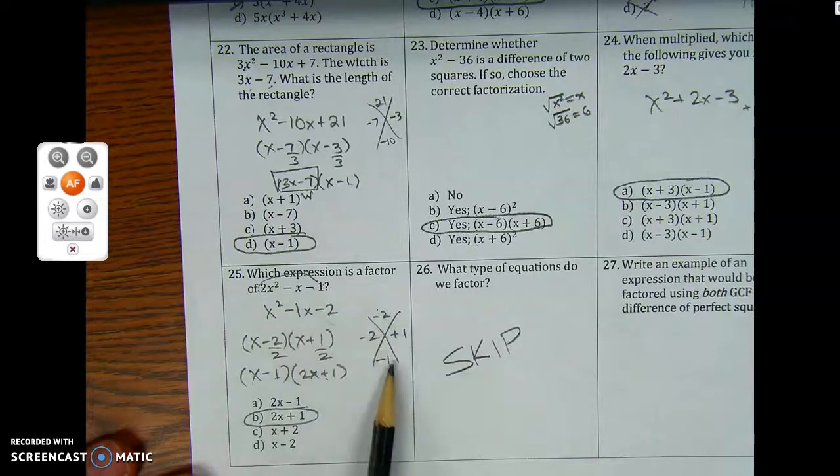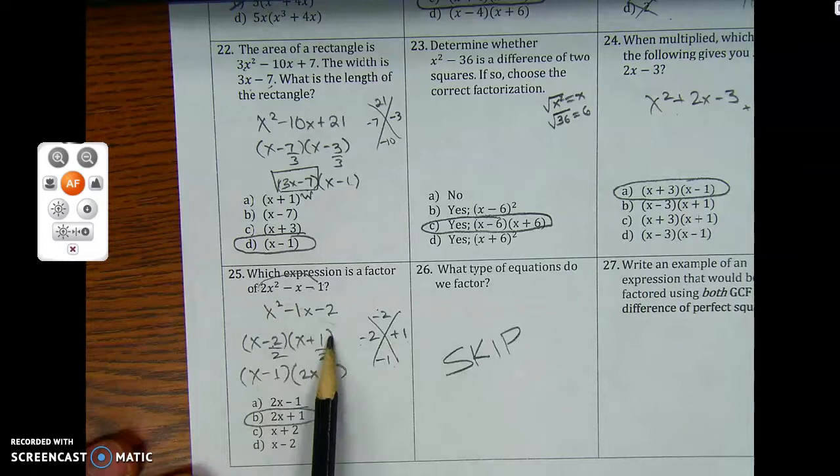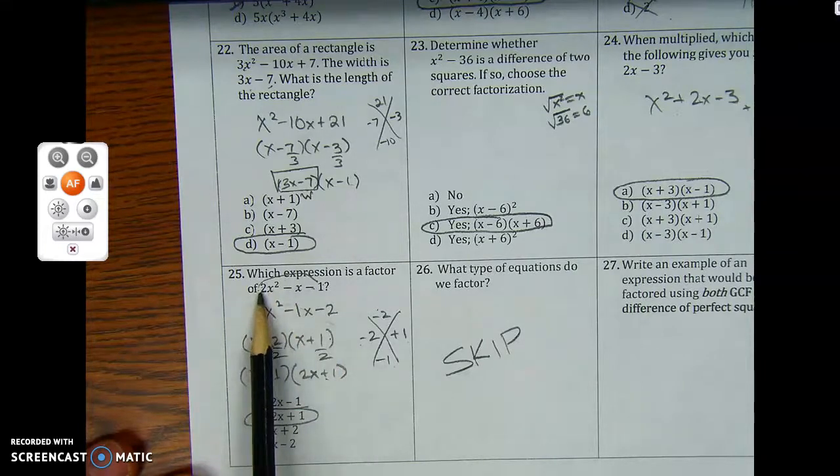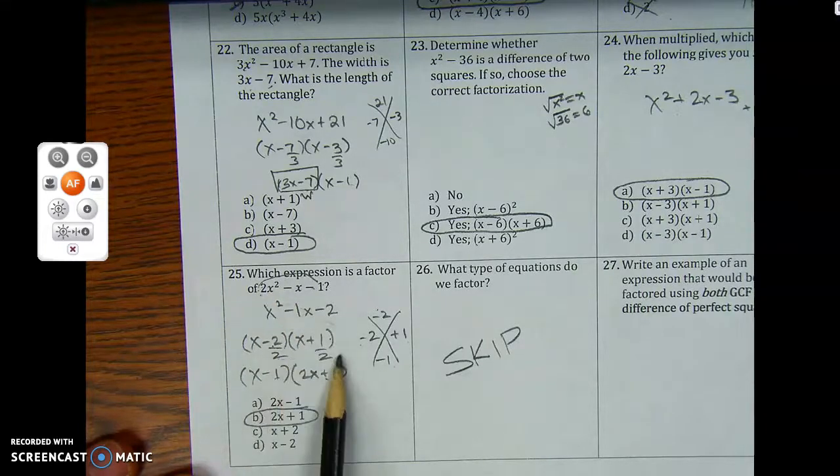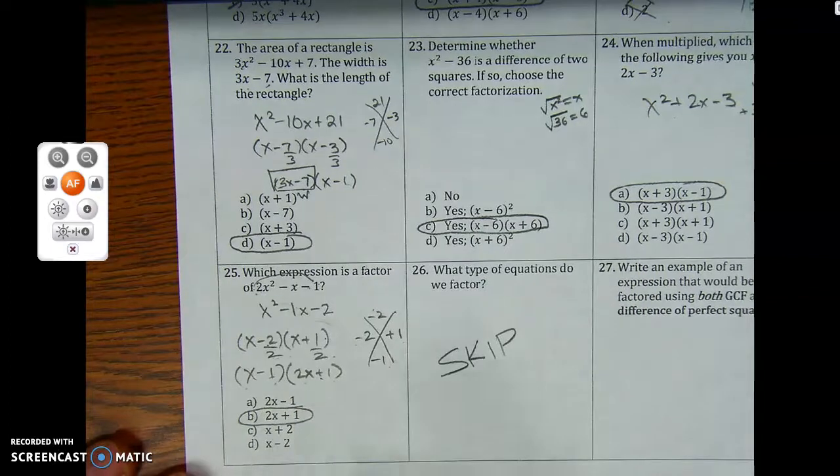Put negative 2 and negative 1 in your x, and your magic numbers are negative 2 and positive 1. So we put these over here, and we go back and divide by a. So that's divided by 2, divided by 2. And then I do bottoms up right here, so I get x minus 1 times 2x plus 1. So my answer is B.